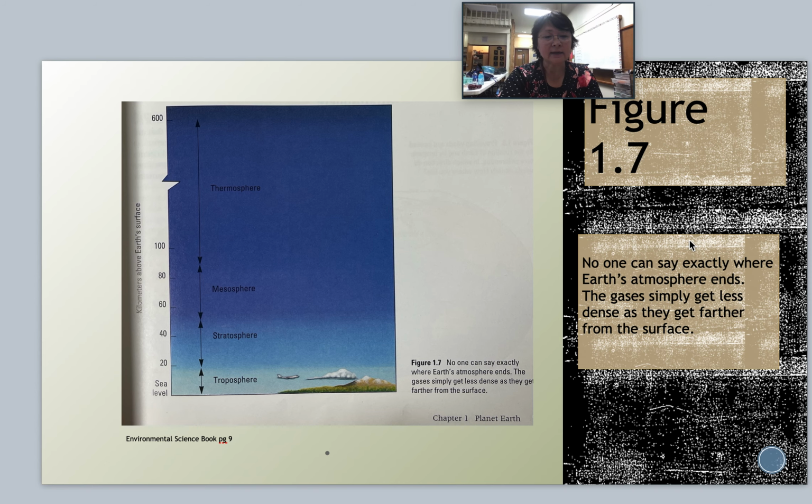And so let's take a look at the caption regarding this figure. No one can say exactly where the Earth's atmosphere ends. The gases simply get less dense as they get farther from the surface of Earth.